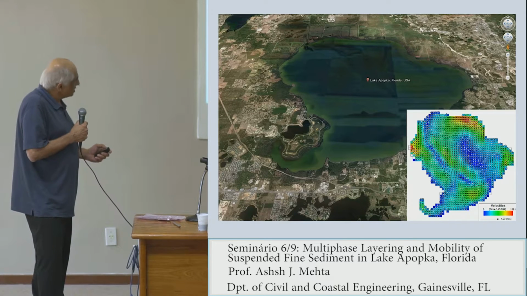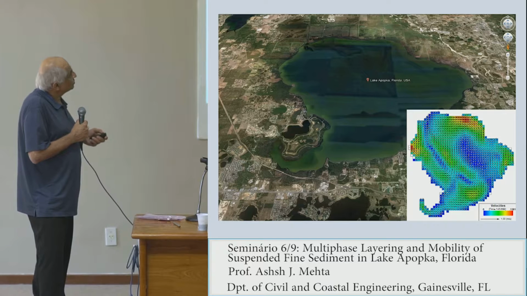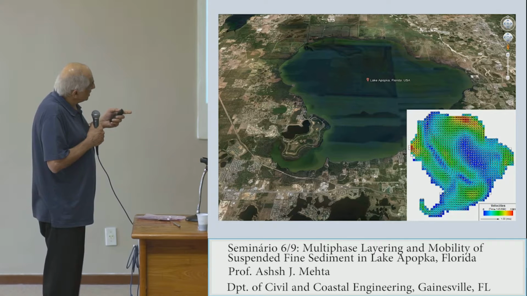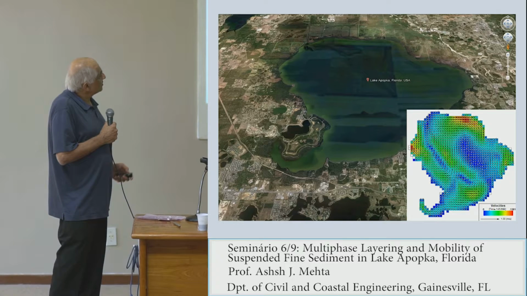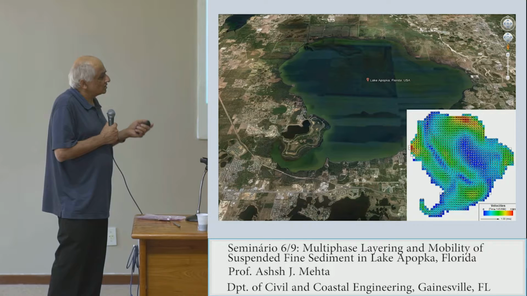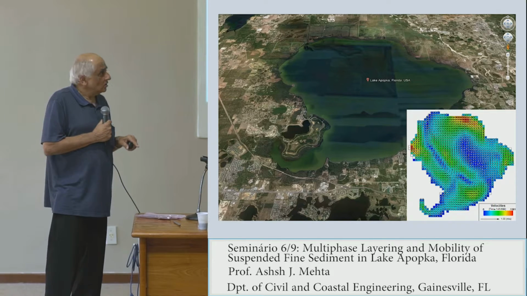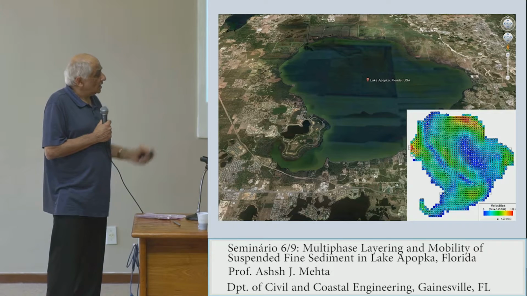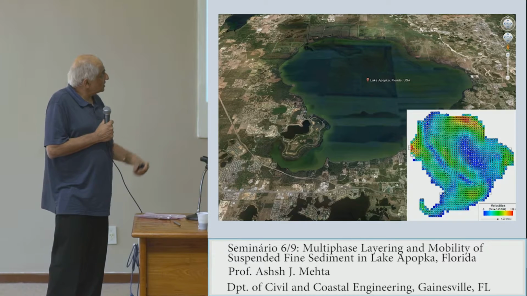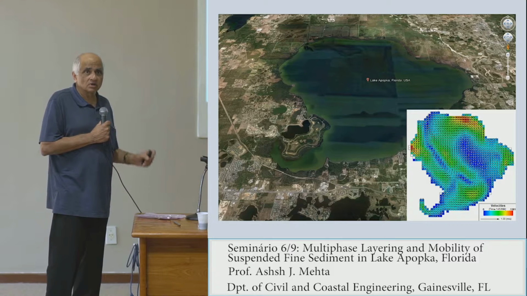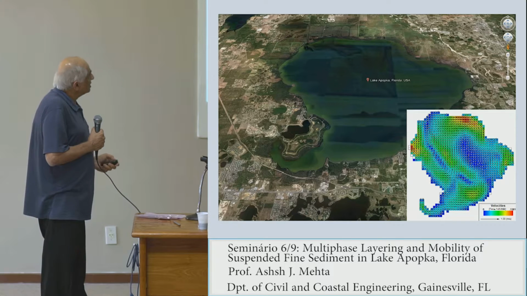So let's look at the essential issue of what is involved in causing the mud to roll down. And you heard from earlier presentations that you have to look at the relationship between stress, due to wind and waves, and the rate of strain that is produced in the sediment.